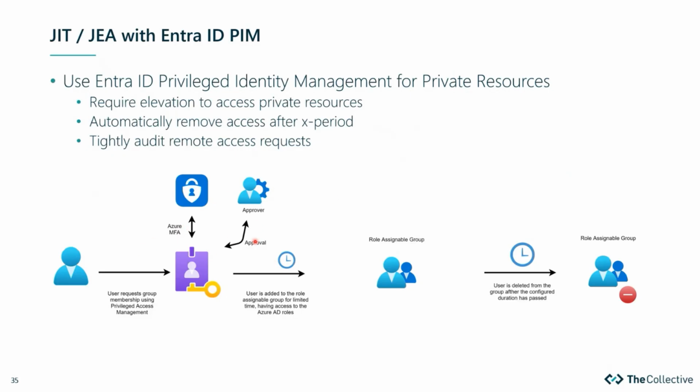And once that is completed, they get access to a role assignable group, which will give them access to private resources hosted with Global Secure Access. Then again, the access is revoked after X period of time, making sure that the administrators do not have standing access to your RDP service, for example, and only have the access that they really need.